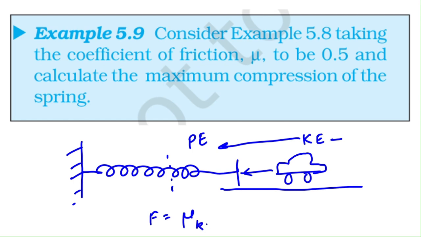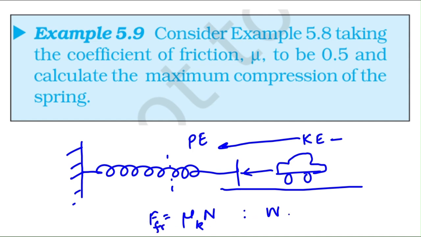Here mu is mu k, the coefficient of kinetic friction, times normal, because this car is moving and there is friction between the two surfaces which are in relative motion.